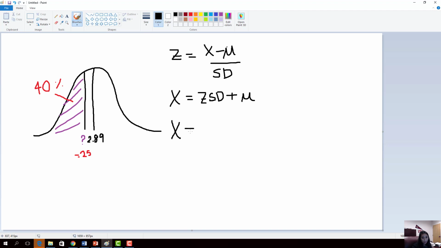So x is equal to our z-value, negative 0.25, times the standard deviation of 0.32, plus the mean, which is 2.89.